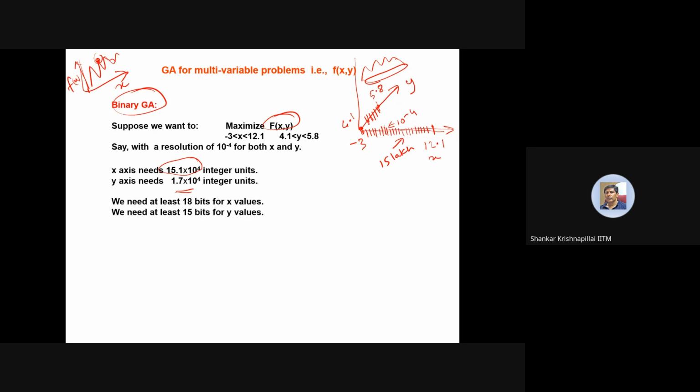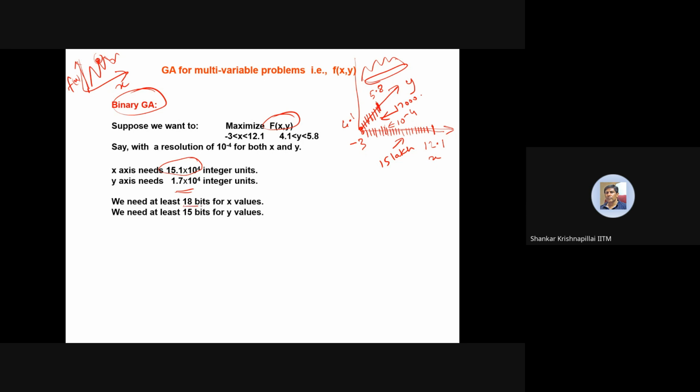Okay, because Y-axis is short, you need only 17,000 integer units. So you can see that when you deal with two variable problems, all types of problems will occur for the binary genetic algorithm.